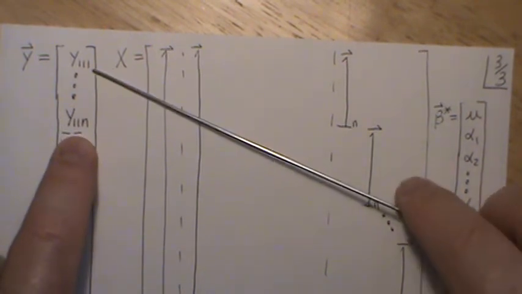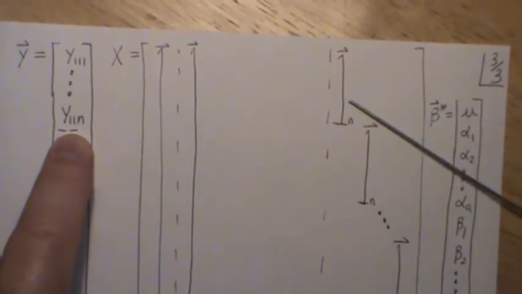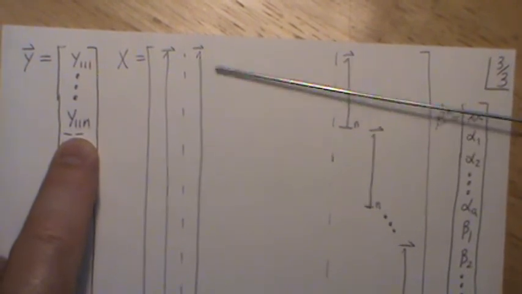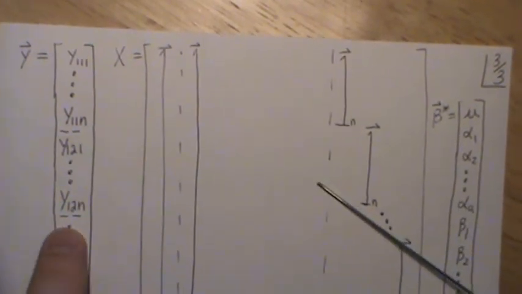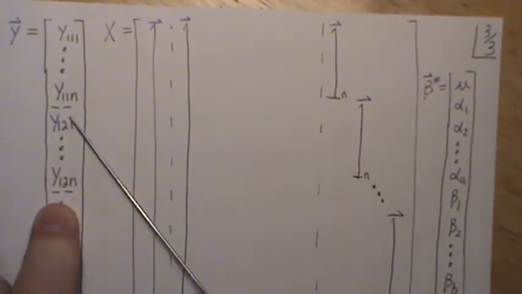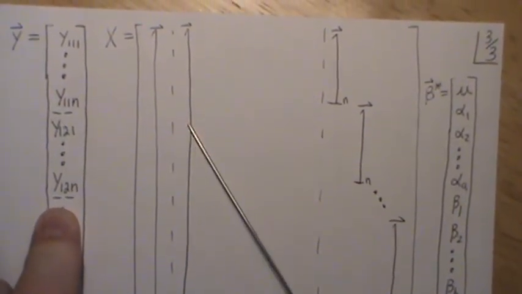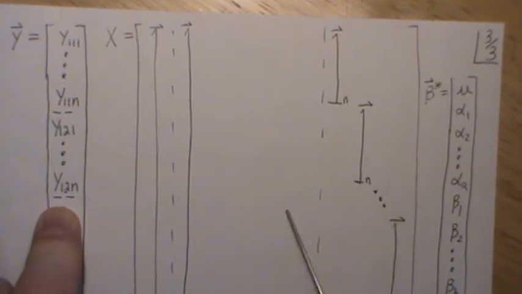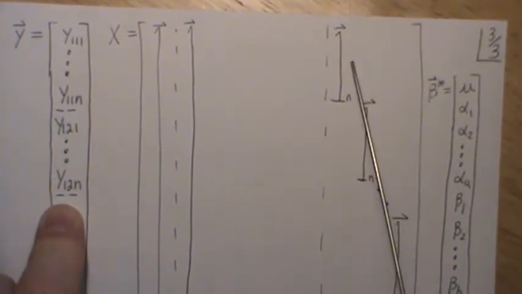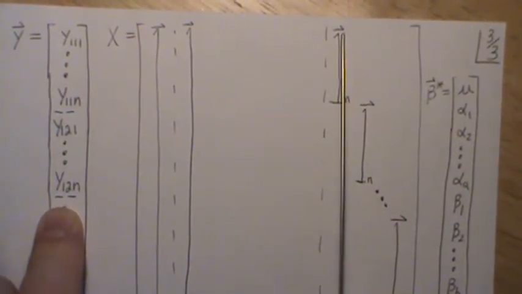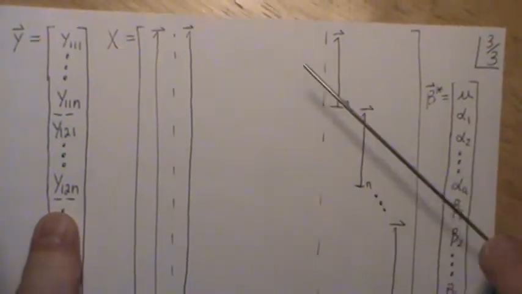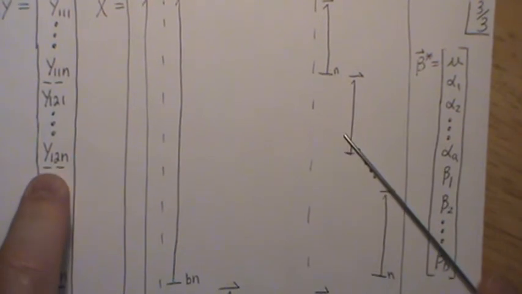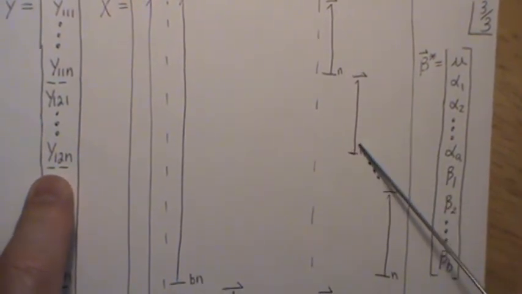And that deals with each rep, so it's the same. So this is going to pick off mu, alpha 1, beta 1. But now when we get to B2, we're still in treatment 1. So that's why there's a 1 vector here. Everything else is 0. But here we want beta 2, so we have to move over 1. So when we do this multiplication, it picks off beta 2. And then there's n replicates.